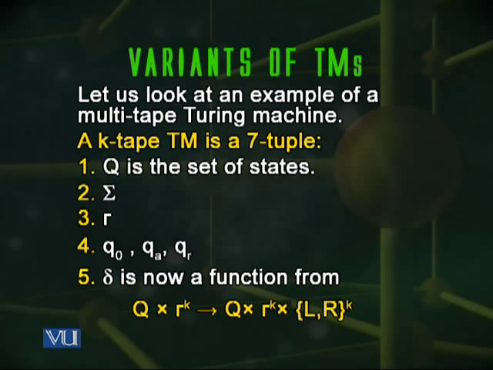It decides to go into a new state, and for each symbol it decides what to replace that symbol with. Therefore, it's mapping Q cross Γ^K to Q cross Γ^K, meaning it's telling what are the replacements for all the symbols it has read. Furthermore, the component {L, R}^K tells each head whether to move left or right.